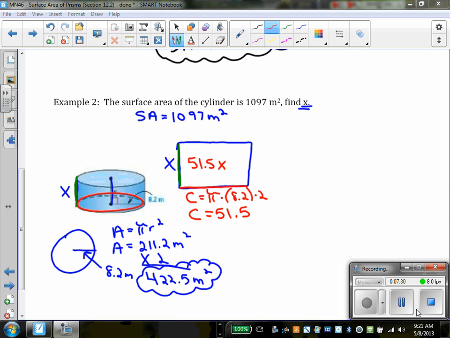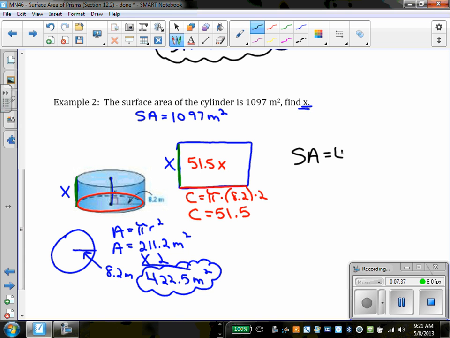Okay, so let's put it together now. We have the surface area is going to equal 422.5, which is the top and bottom of the cylinder, plus 51.5x.